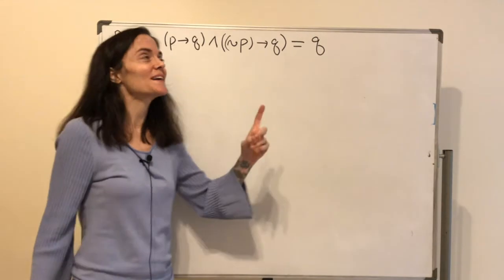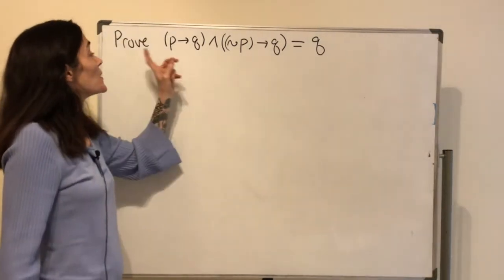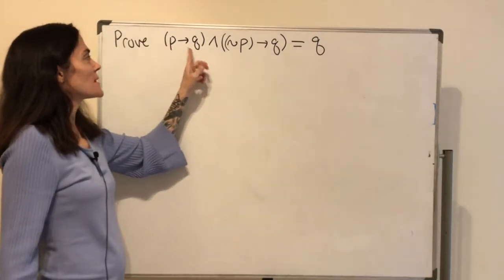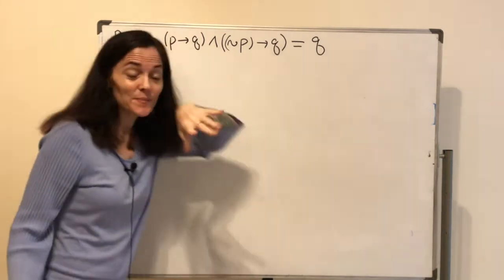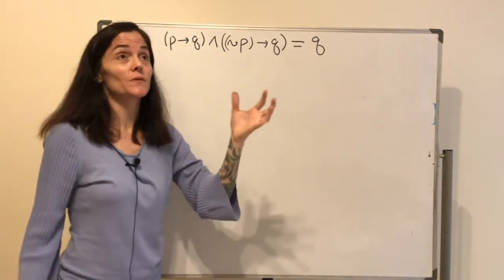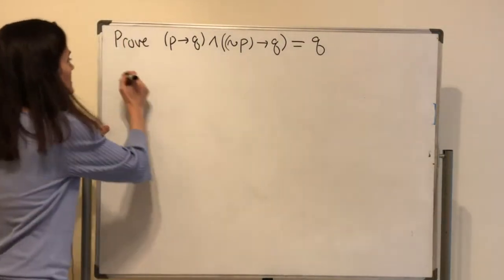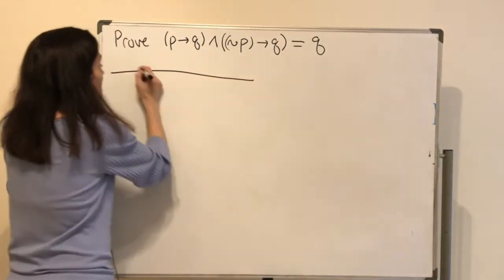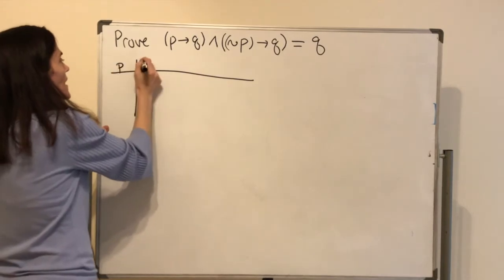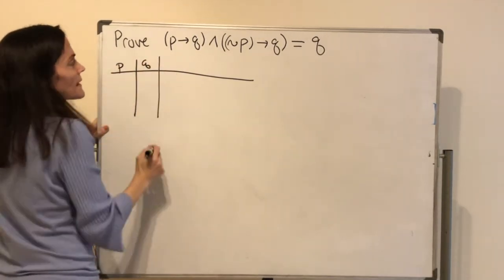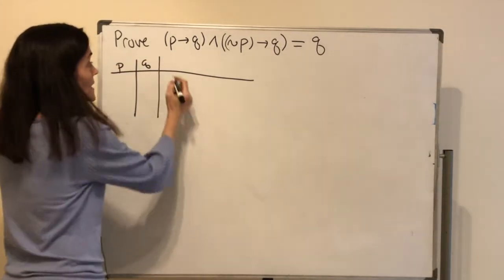Here's one more of this type. We want to prove P implies Q and not P implies Q is logically equivalent to the statement Q. Again, we have two inputs, P and Q, so we will have 4 rows of our truth table. And then we have to think about the intermediate steps that we need.